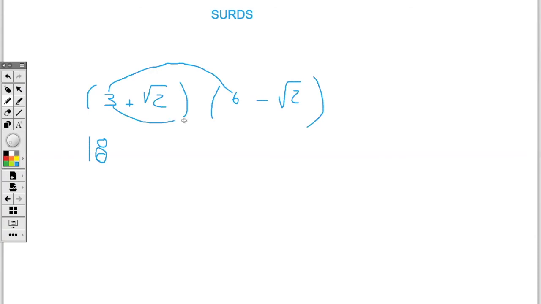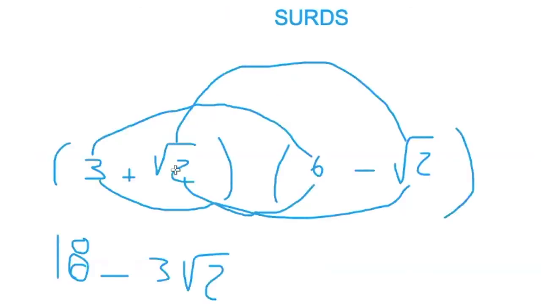Then 3 times root 2, that's minus 3 root 2. Root 2 times 6, that gives us 6 root 2.